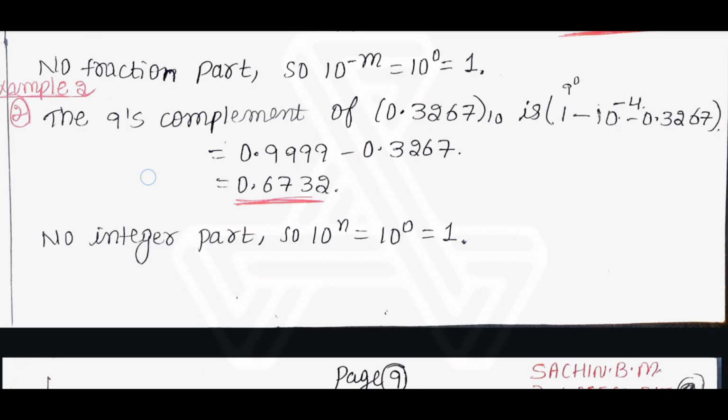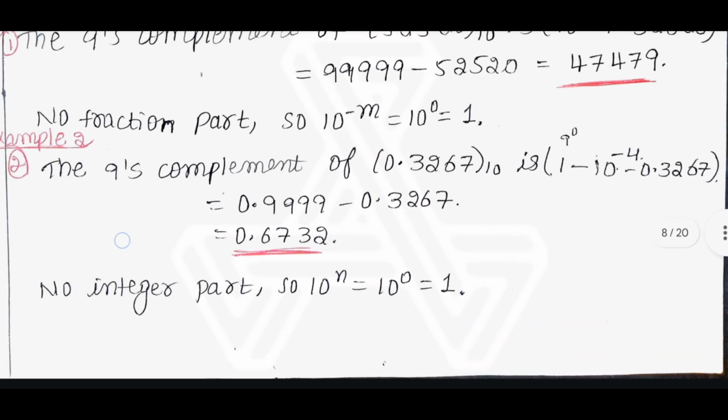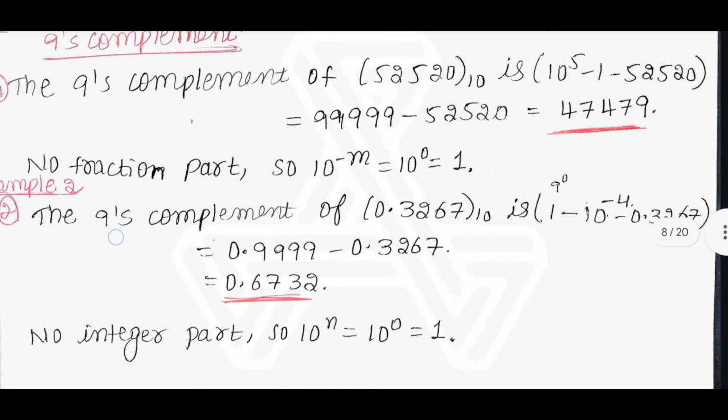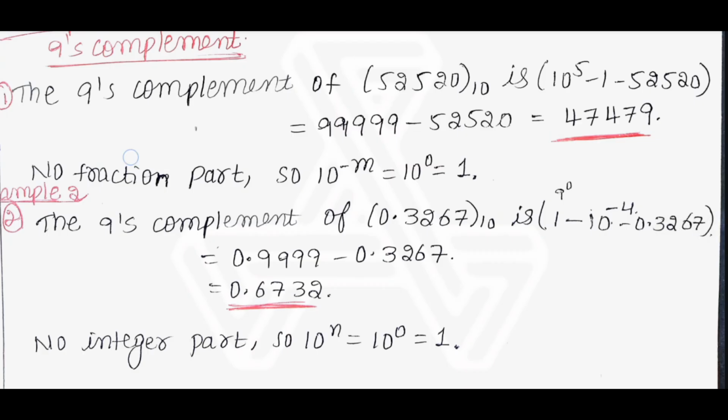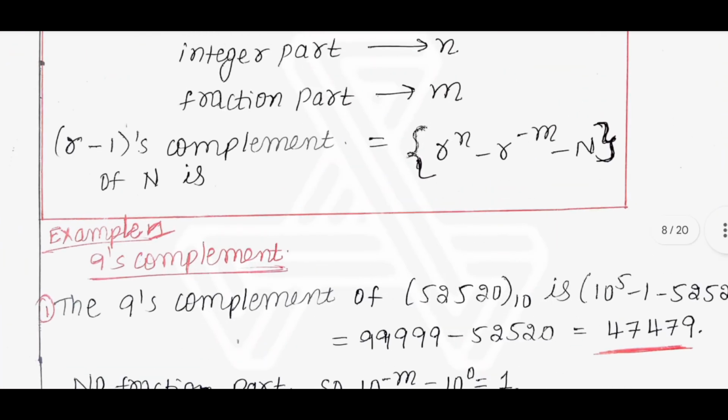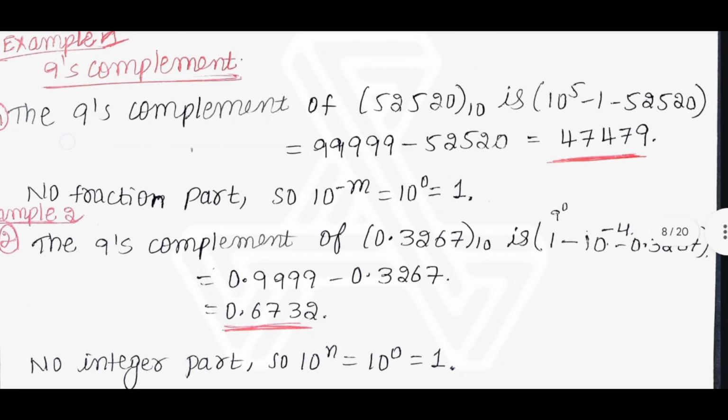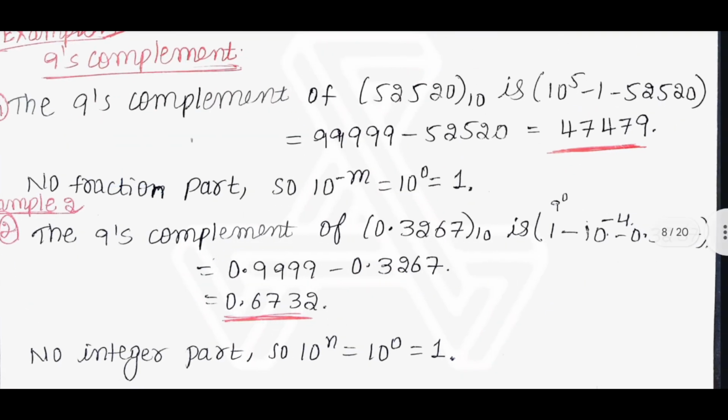The 9's complement of 0.3267: there is no integer part, so 10 power 0, which is 1. Again r is 10, and r minus 1 means 9.